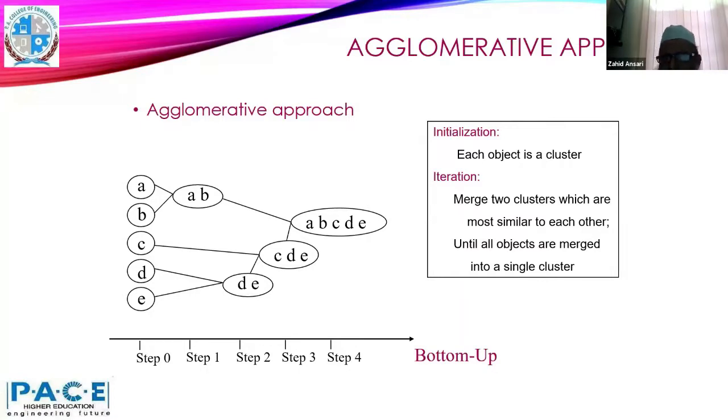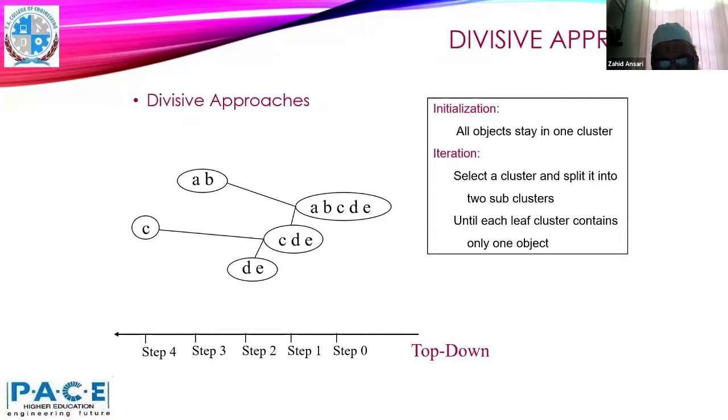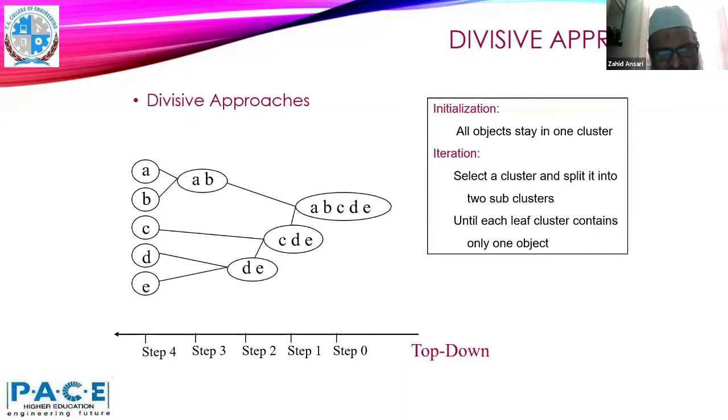So merge the two clusters which are the most similar until all the objects are merged into a single cluster. Divisive is the opposite of it. All the objects are in a single cluster. Then find the split criteria and split them into two clusters, then recursively apply it. So ABCDE got split into AB and CDE, then CDE got split into C and DE, and so on, that way.